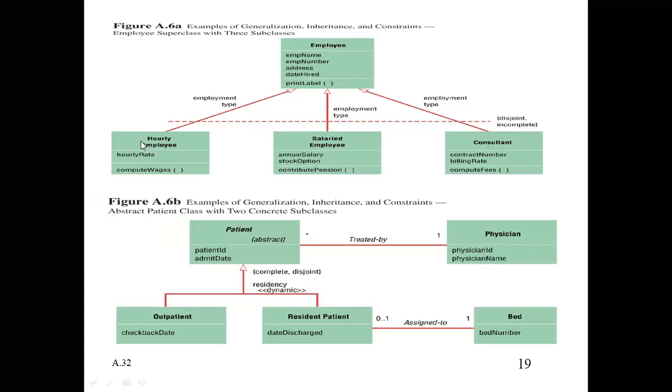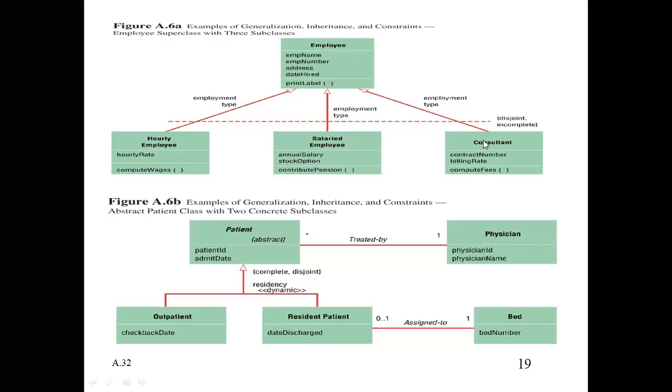This is the type of employment. If it is an hourly employee, we should have hourly rate as a data member. If it is a salaried employee, we should have annual salary and stock option as data members.